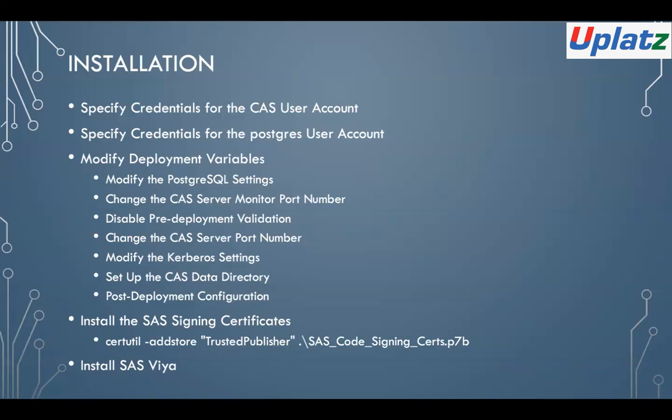If at any point the deployment process fails and you see an error, make sure you restart the deployment using the appropriate commands to ensure you're doing the installation and configuration properly. And if at any point SAS asks you to reboot, make sure you reboot the process and restart the configuration using the same deployment commands. So this completes the installation as well.